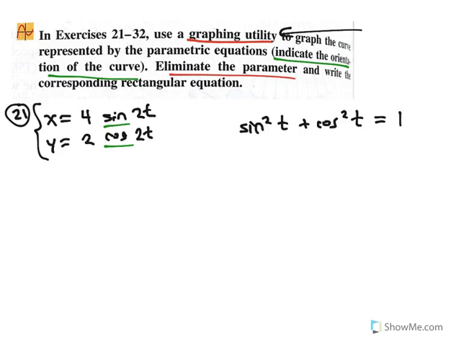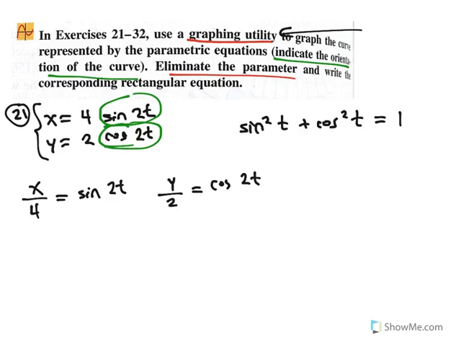So that's a Pythagorean identity. Thinking that we might use that, we can begin by isolating sine of 2t and cosine of 2t in our two parametric equations. So we divide the first parametric equation by 4 on both sides, and we divide the second parametric equation by 2 on both sides.